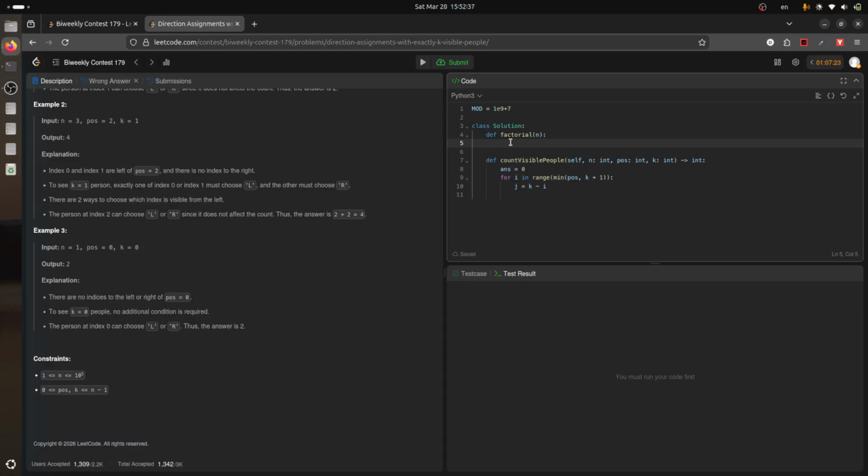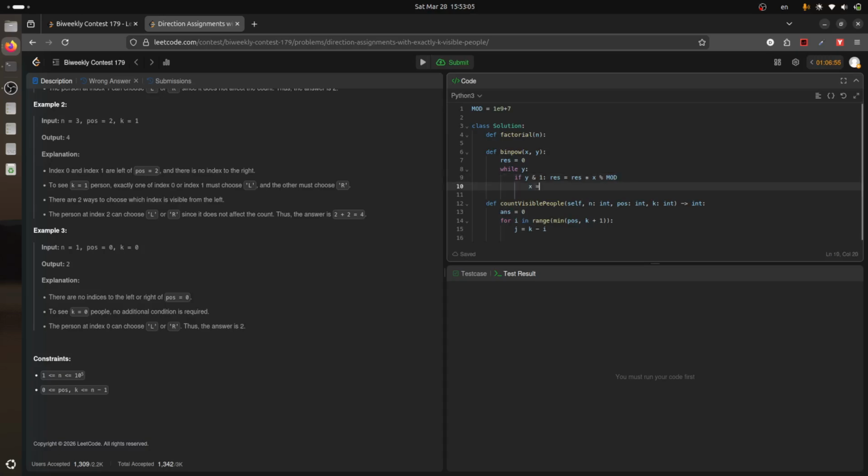Wait. Nah, that's no. We need to do something to minus 1, so def binpow(x, y): result = 1, while y, if y and 1, result times x mod, x times x mod. Oh my god, that's Python. Okay, x times x mod, and then return result.